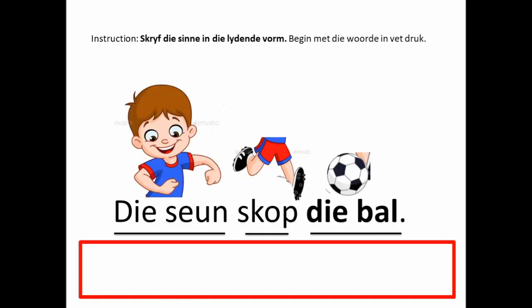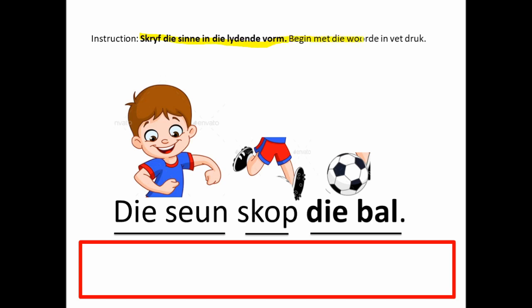So, in a test, in an exam, you would get an instruction, and the instruction will tell you what to do. And usually an instruction will look like this for Lydende vorm, where it will say: Skryf die sinne in die lydende vorm.